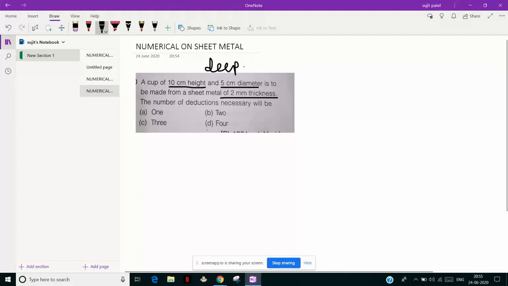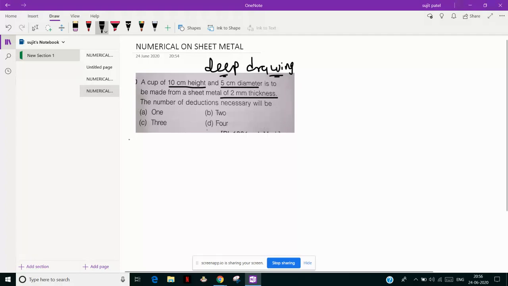They are basically asking how many times we have to draw this sheet, because you can make it in one pass also, or two, three, or whatever the answer. At the end of the video you'll come to know what is the answer.